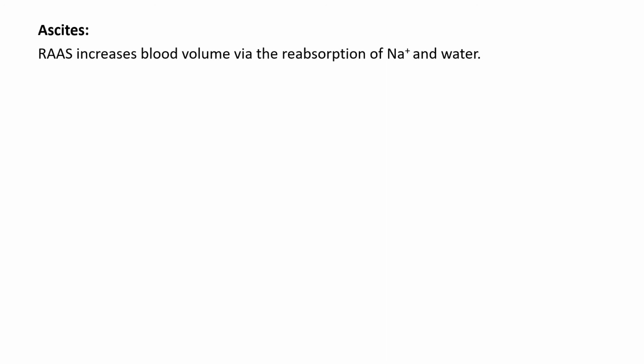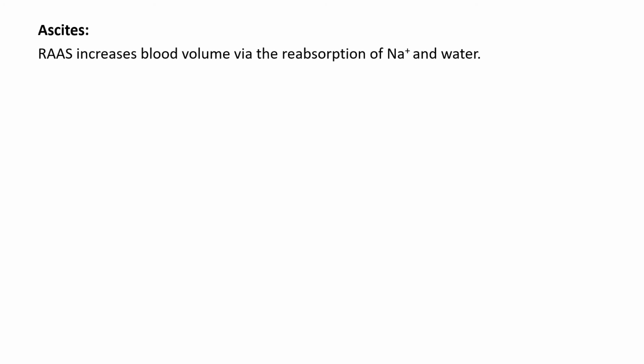Of course, if we activate RAS, it increases the blood volume. Angiotensin II, its mates aldosterone and ADH, all increase blood volume by increasing the reabsorption of sodium and water within the renal tubules.